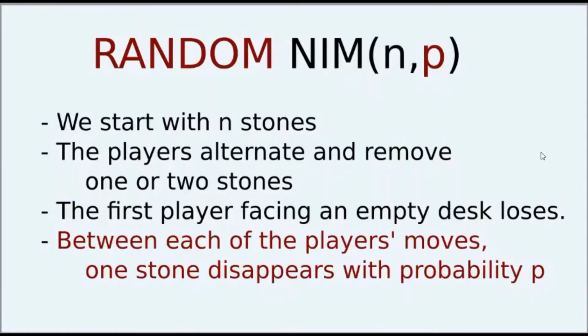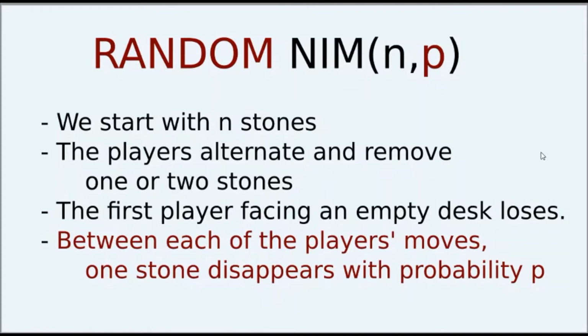In this video I want to discuss a variant of NIM, which is called random NIM. And it is very similar to the previous one, except it contains some randomness. So again, we start with n stones. The players alternate and remove 1 or 2 stones. And the first player facing an empty desk loses.